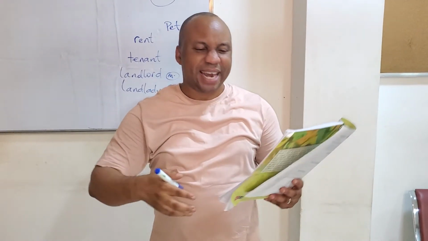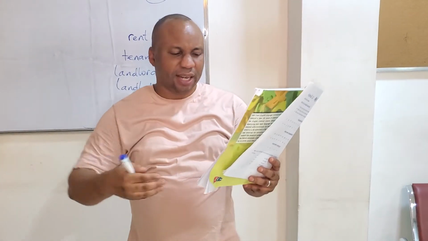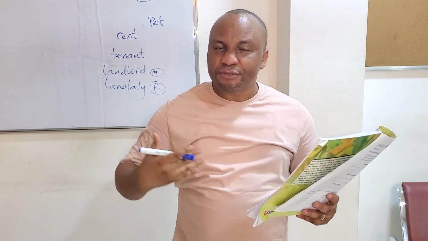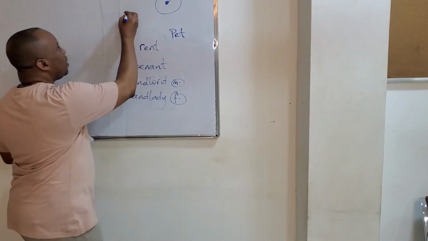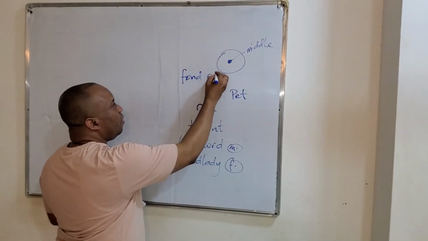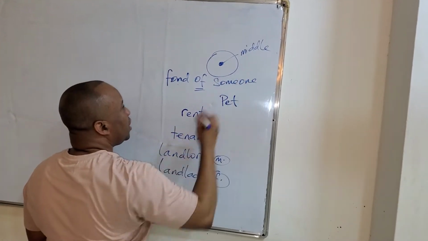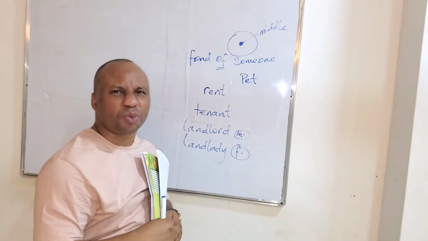Love and affection. Affection means a gentle feeling of fondness or liking. If somebody likes you so much and is so fond of you, to be fond of someone means that you like that person so much.